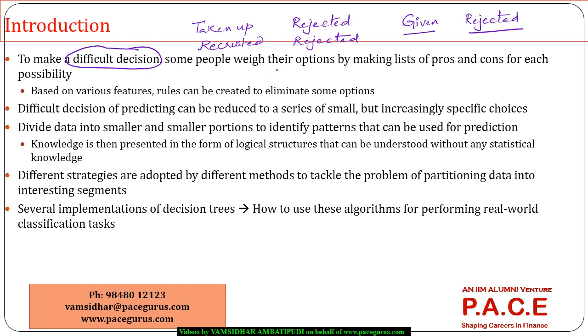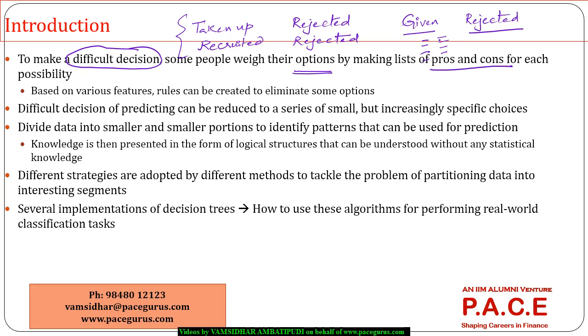In general, when I come across such a difficult decision, what option do I choose out of these two? I make a list of pros and cons. If I give a loan to this person, what are the positives? On what basis should I give a loan? Or what are the negatives?